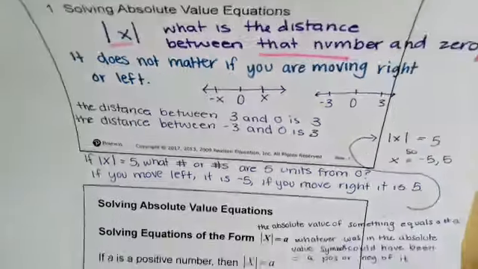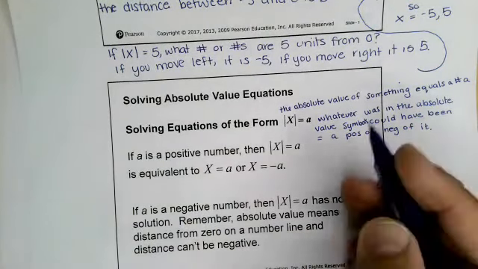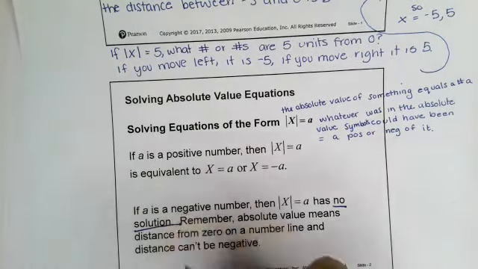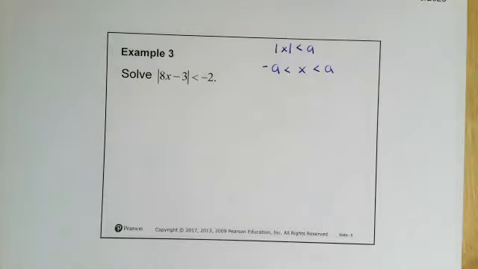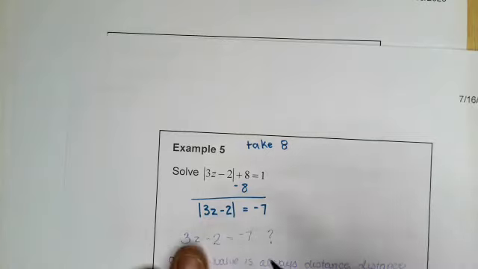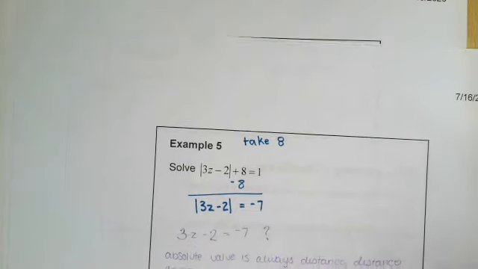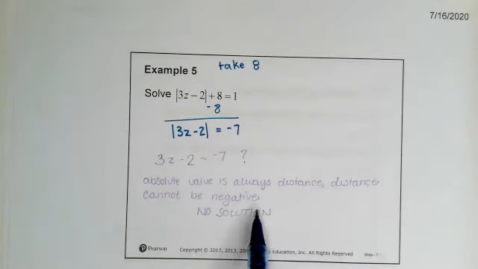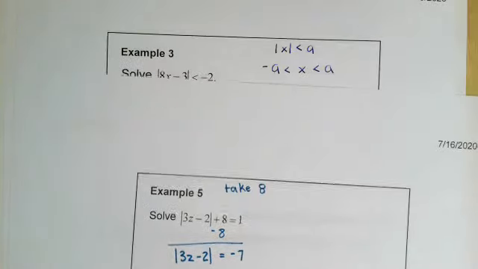We say if A is a negative number, it has no solution, right? When we got to 3z minus 2 equals -7, because that's an absolute value, we said this is no solution. Distance cannot be negative, right? So the same is true here.